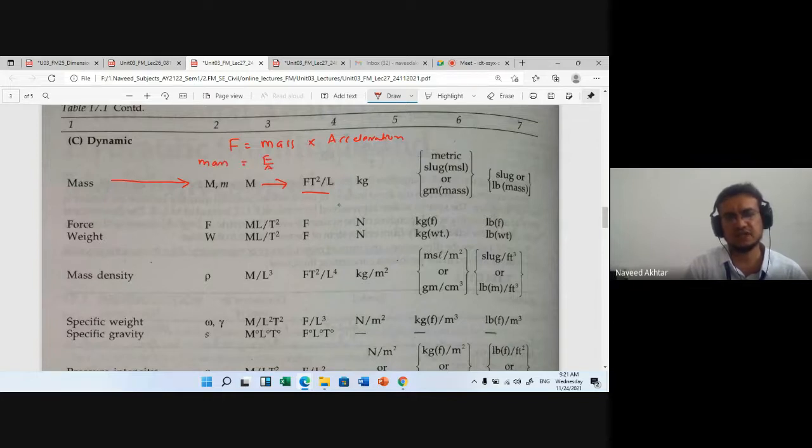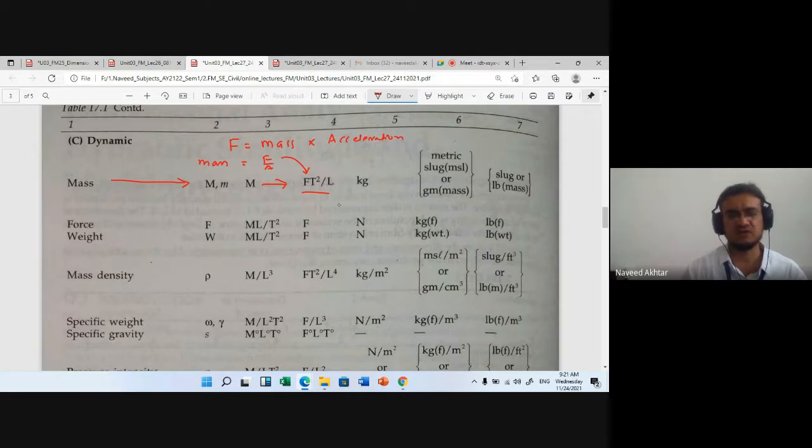F is the force in Newton, and A is the acceleration in meter per second square, so L goes below and T square comes up.